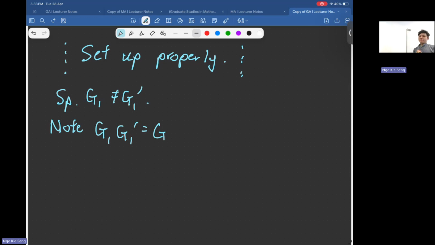Note that G1 times G1 prime should be G. Why? Actually, it's not quite trivial here. Well, because we know that G1 times G1 prime should be normal in G. Why is it normal? Do we know that the product of two normal subgroups is still normal?